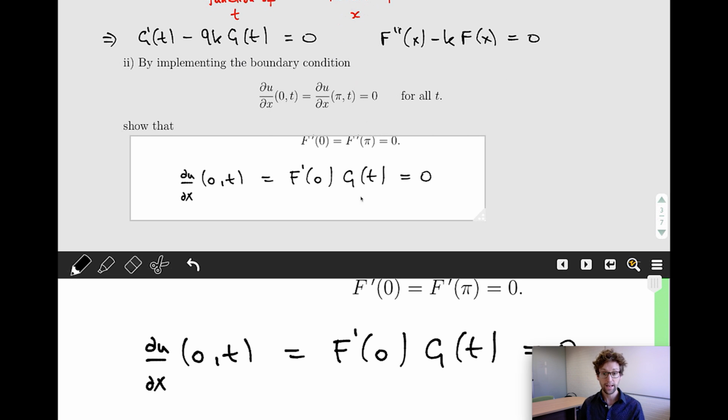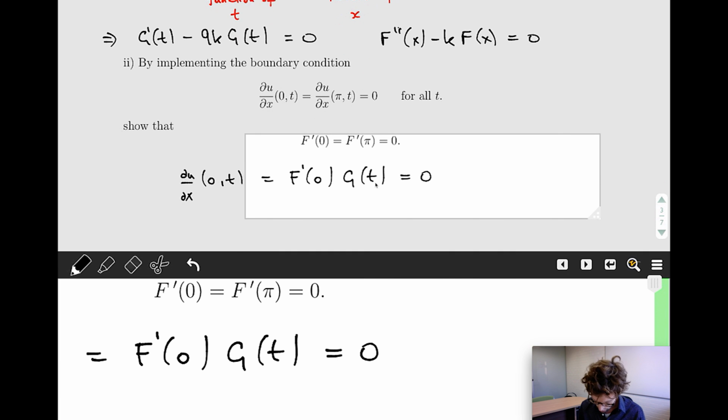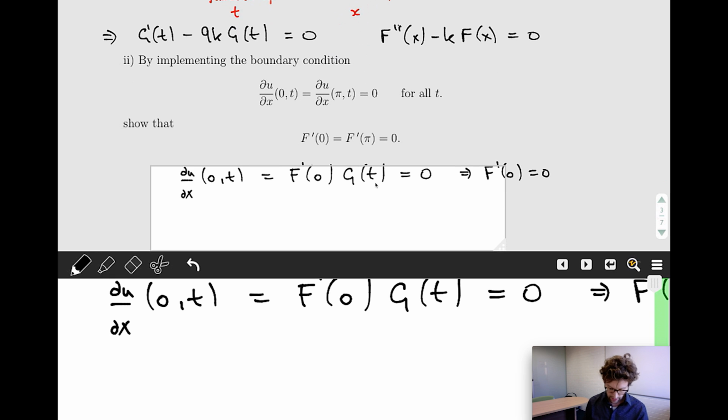Now g of t can't be 0, because if it was 0, we'd get 0 everywhere. u is equal to 0 at all time and all space. So that's the trivial solution, which means that the only way this is going to be satisfied is if f prime is 0 at x equal to 0. So likewise, we can look at the partial derivative of u with respect to x at x equal to pi.